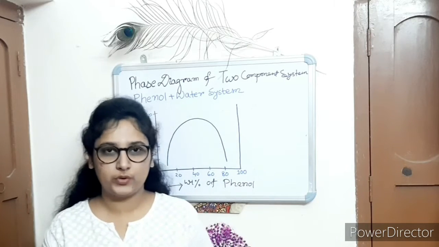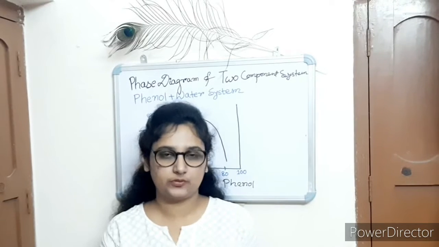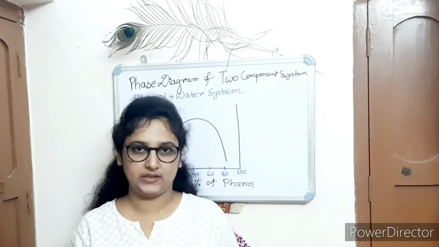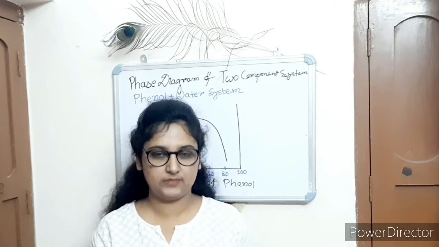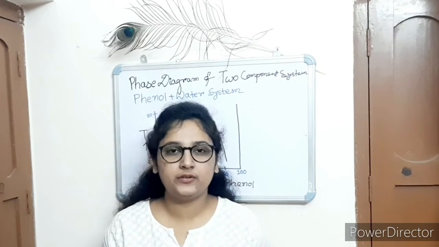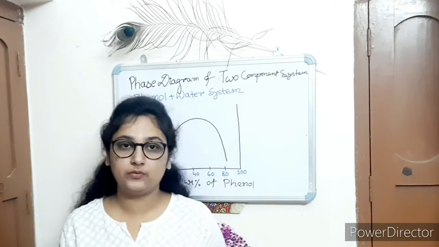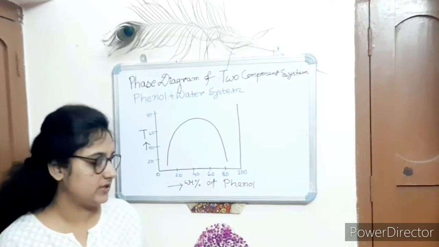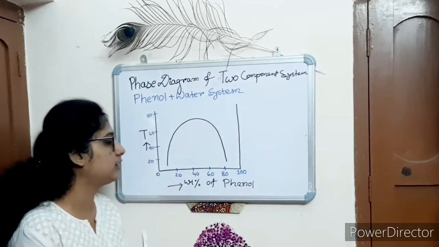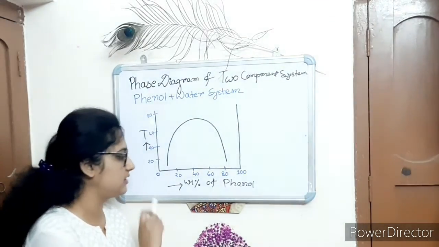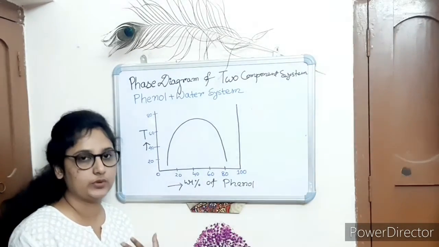Now for the one component system, you know that the phase diagram is actually the pressure temperature diagram, but for the two component system the phase diagram is somewhat different from the one component system diagram. For the two component system diagram, the y-axis is the temperature axis and the x-axis is the composition axis.